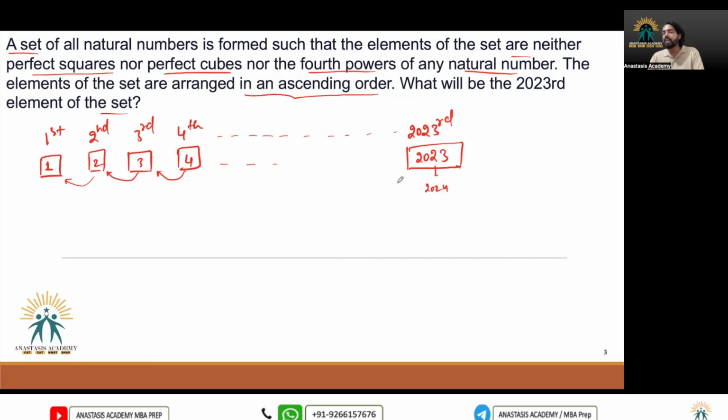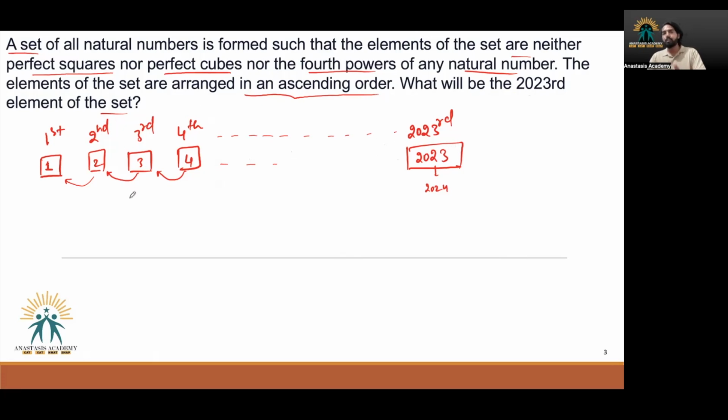So we have to find how many numbers we have deleted from this series to know the value of the 2023rd element of this set. First of all, let's find the number of perfect squares from 1 till 2023.